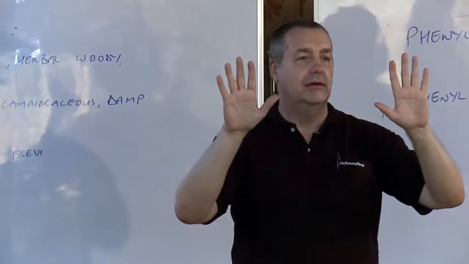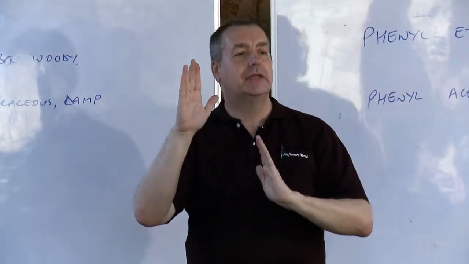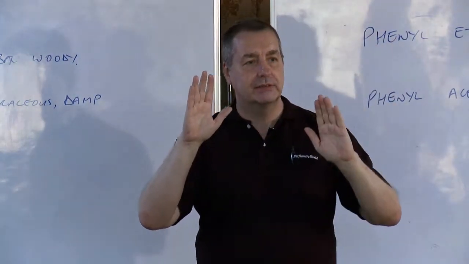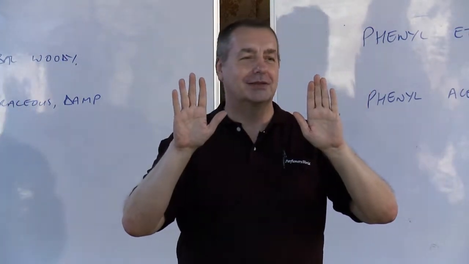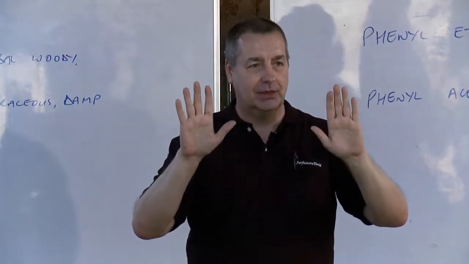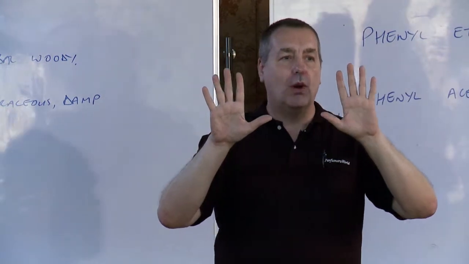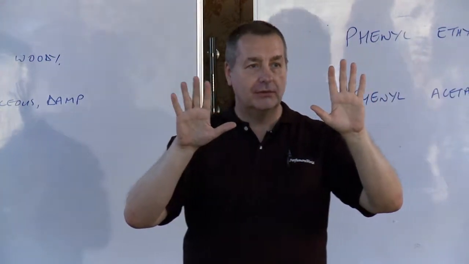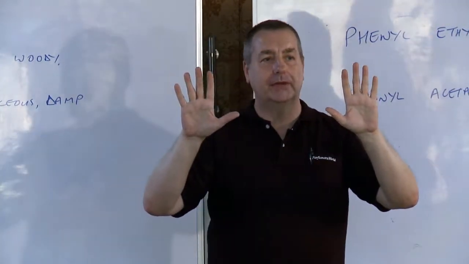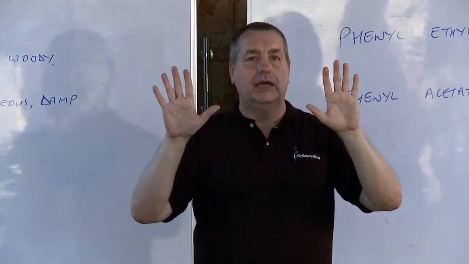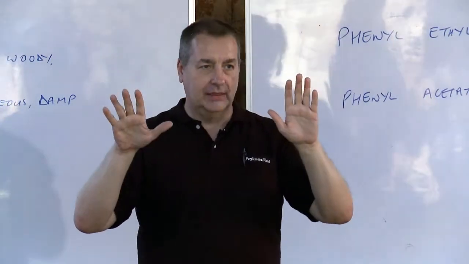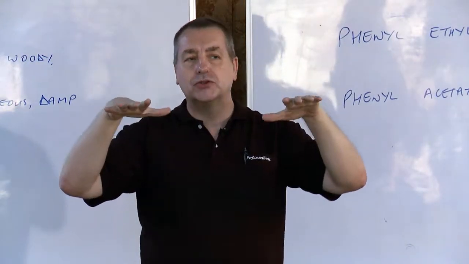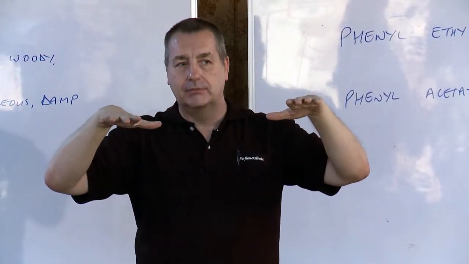D-carvone bends light to the right and L-carvone bends light to the left. D-carvone smells of dill, L-carvone smells of spearmint, and if vibration was the only factor, both of them should smell exactly the same.